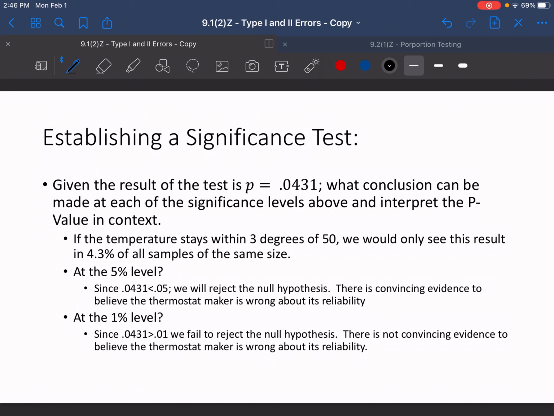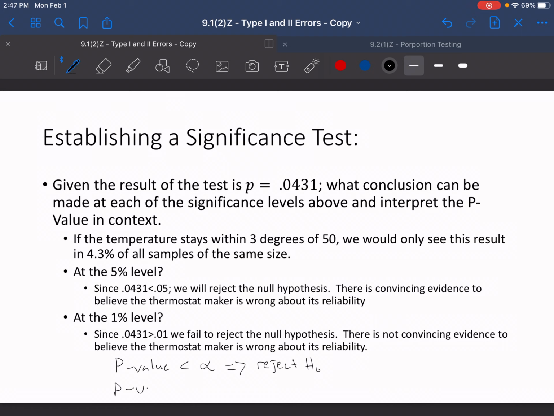So all that's to really say, and if you can remember this, is that if our P value is less than alpha, then we would reject our null hypothesis.